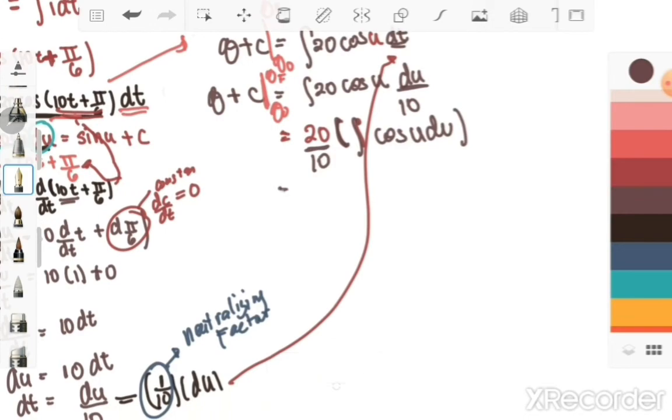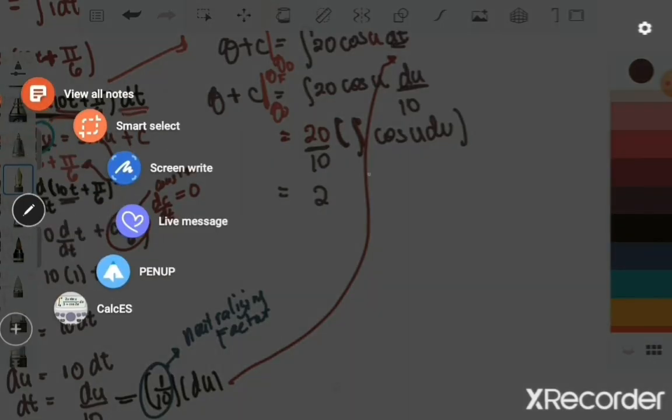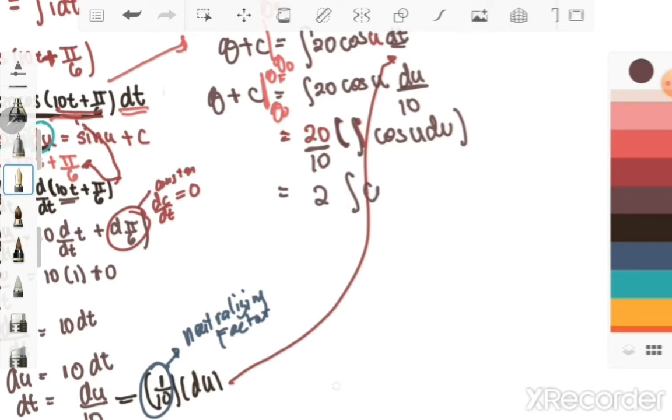So, we have 2, the integral of cosine u du. But, as I have said, the integral of your cosine u du is equal to sine u plus c.